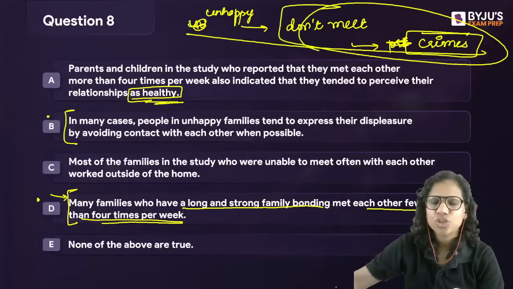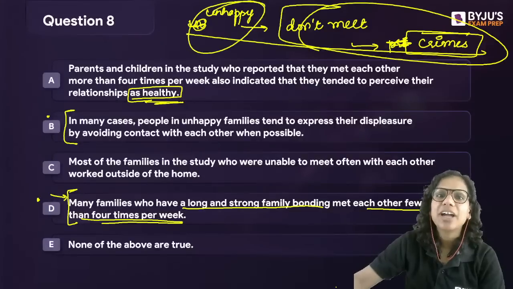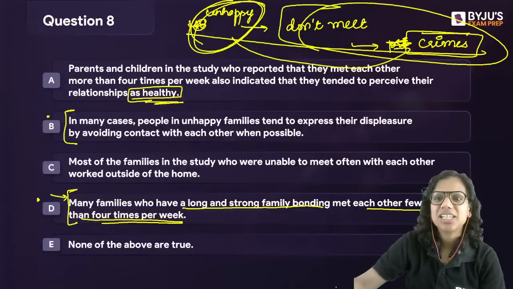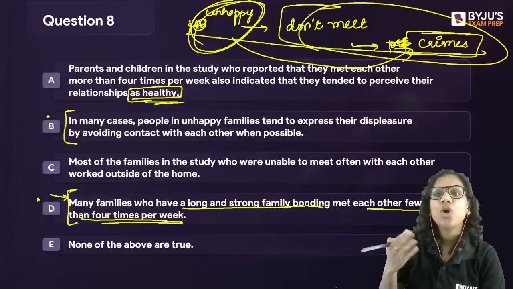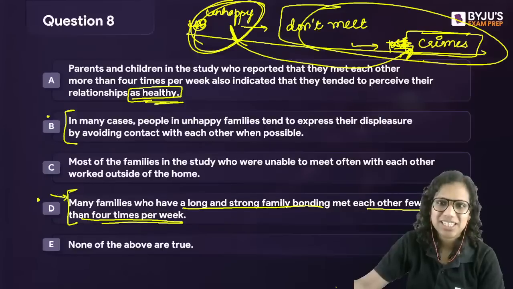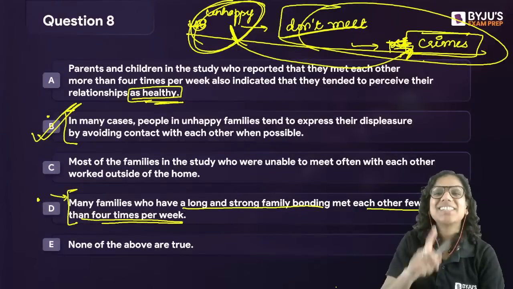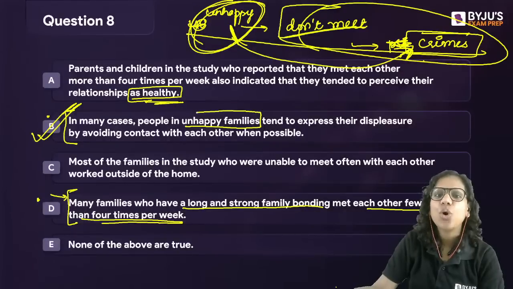Now this is trying to indicate that it's not the not meeting that is leading to crimes. It is the fact of the families being unhappy that is leading to crimes. Not meeting is just a consequence of being unhappy. It is this unhappiness perhaps that is leading to delinquencies. This is just something that's a byproduct of being unhappy. So B is the one that is attacking this argument. It's showing that the cause behind these crimes is not meeting, it is being unhappy.